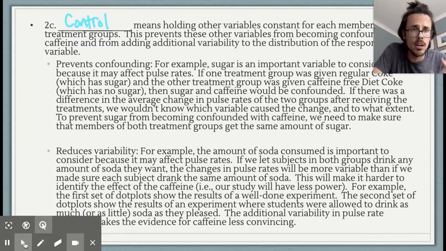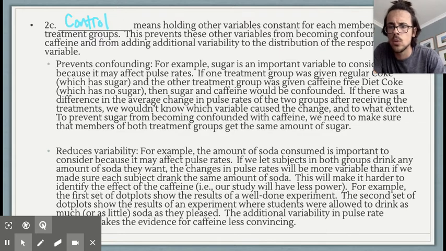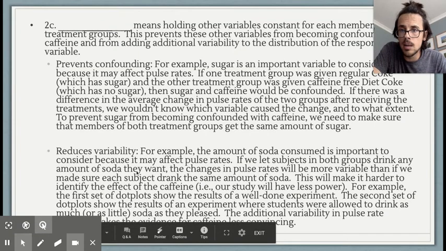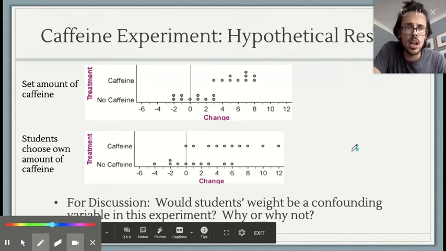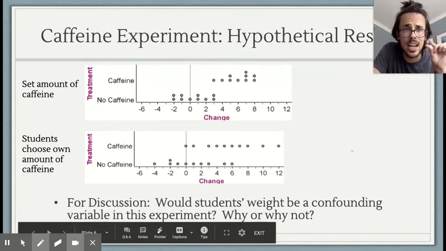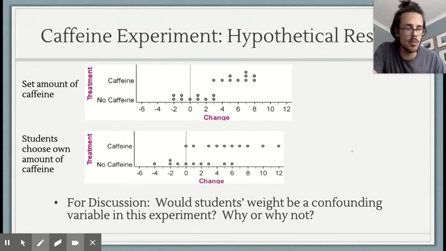So let me explain a little more that second thing about reducing variability and why we want lower variability in our responses. This dot plot on the next page has two hypothetical scenarios. This is focusing specifically on the amount of caffeine, so making sure that I keep the caffeine consistent for everybody.